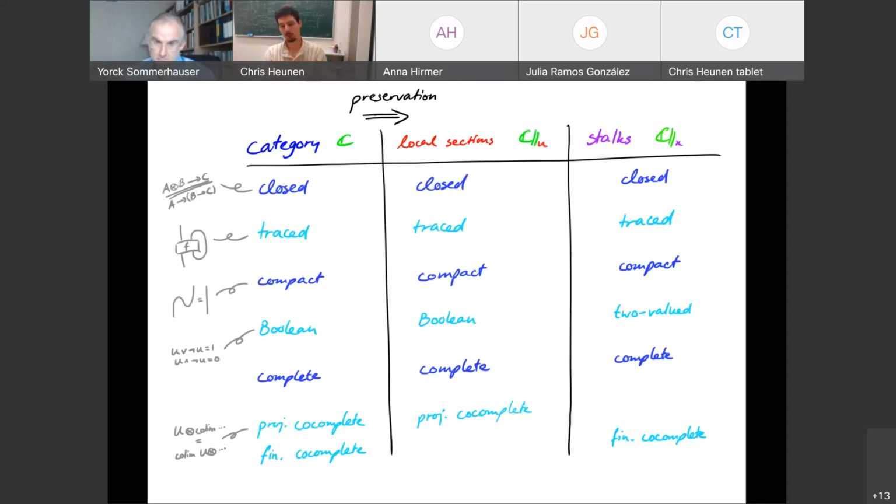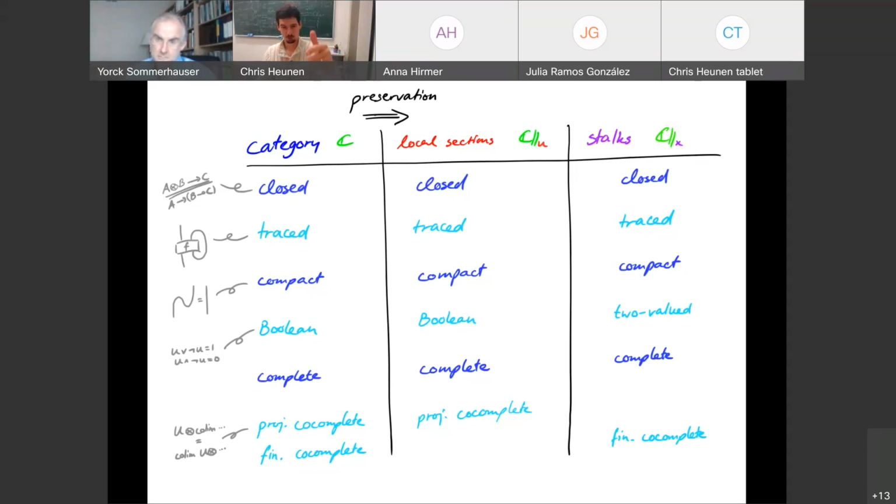If your big category has limits of a certain shape J, then so will the local sections, the small categories and the tiny categories. And almost you could say the same about colimits, but you have to be a bit careful that the shape of the diagram that you're taking colimits over respects the tensor product. So lots of properties of the big category are inherited by the tiny categories.